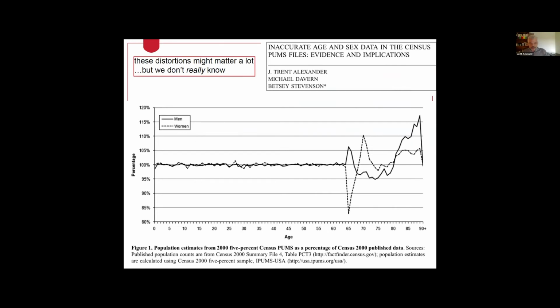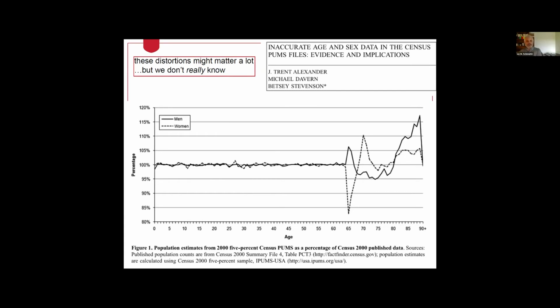There's a fairly interesting analysis in a paper by Alexander, Davern, and Stevenson, where they compare population estimates from the 2000 census, the tables that are based on the 100% enumeration, with tables that they generate themselves from the 5% public use microdata sample. They're looking at population estimates disaggregated by age and gender.